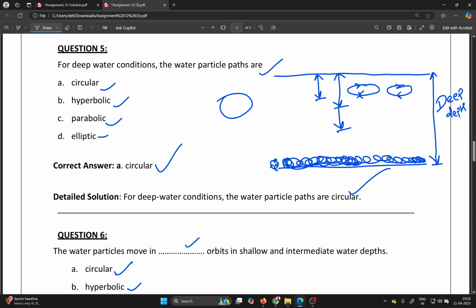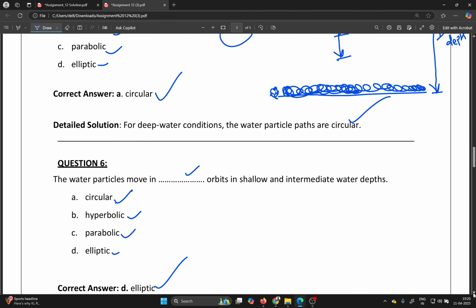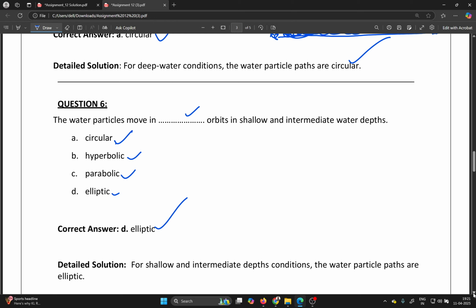So remember please, this is the graphical representation. Now we'll move on to the next question. Your detailed solution is given: for shallow and intermediate depth conditions, the water particle paths are elliptic.